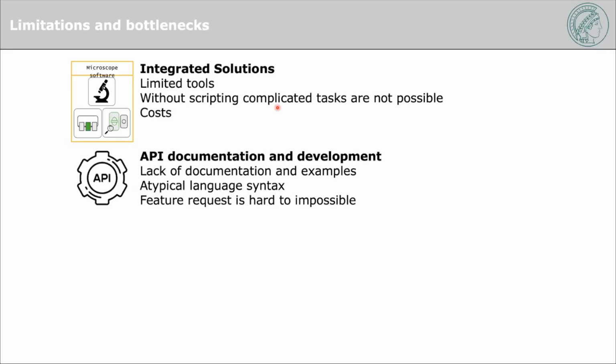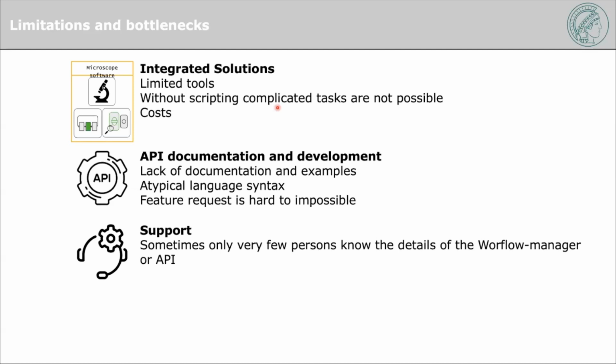Depending on the company size, a feature request is hard or impossible. Funnily enough, small companies are more willing to implement features than larger companies. Larger companies have much bigger cycles, and it may not be of interest to them to develop a feature, whereas smaller companies may say, oh, that's a good idea, let's try it, and in the next version you have it. So they may have much faster cycles.